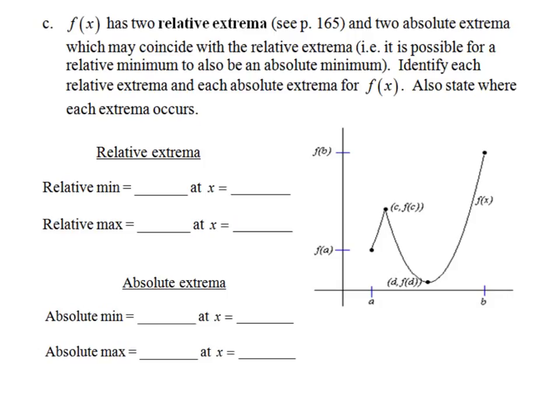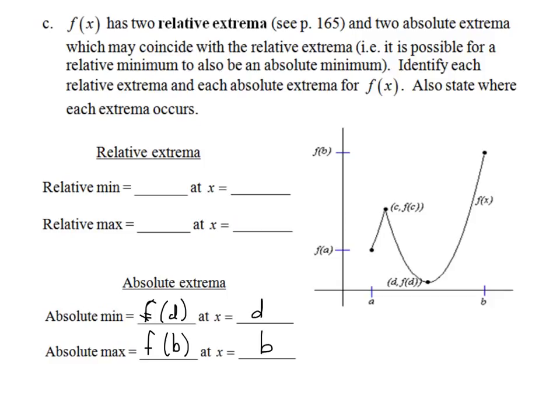Of course, we already said that f of d was the absolute minimum, so let's fill that in. F of d, and that happens at x equal to d, right? We also already said the absolute max was f of b, and that happens at x equal to b.